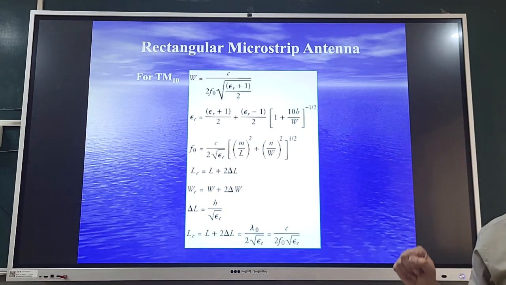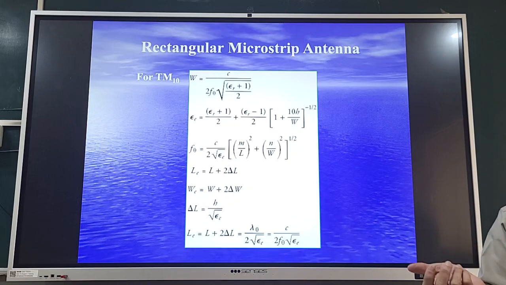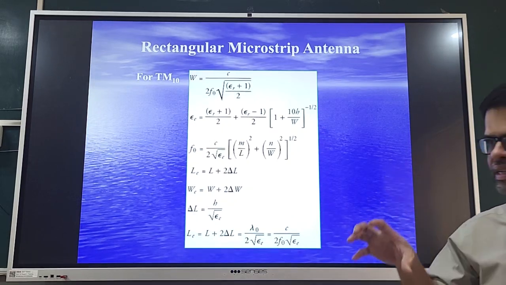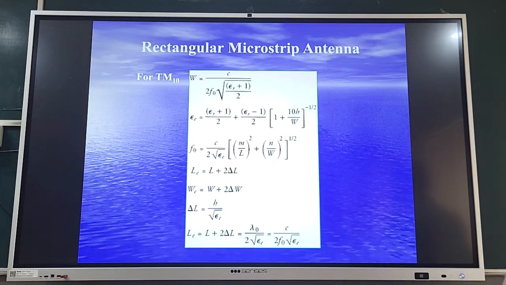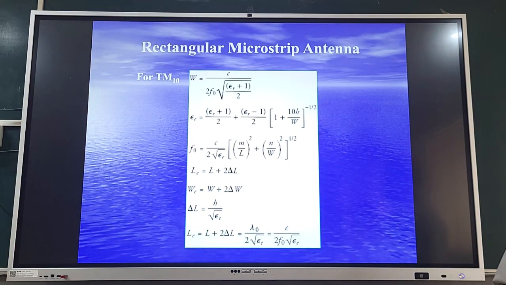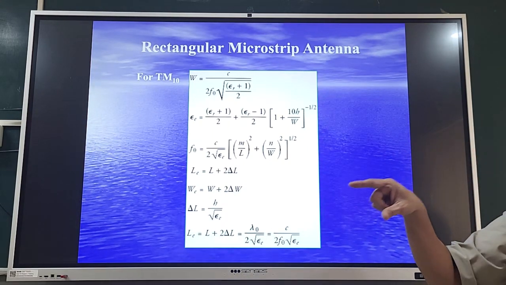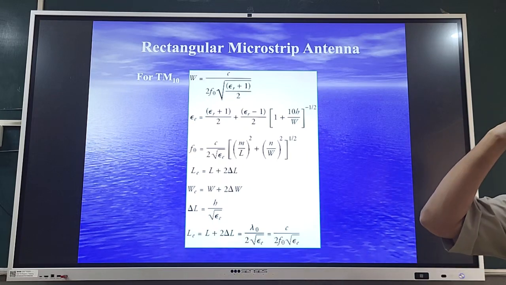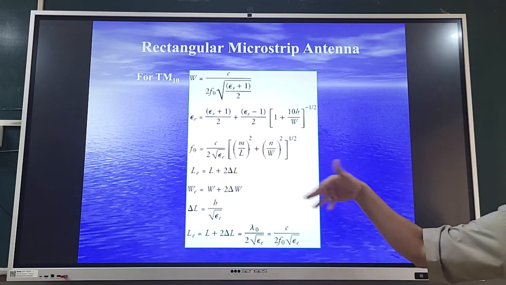L cross W. So if W is small, then naturally Ae will be smaller. Hence as a good practice, as a good designer, we take W as 1.2 times L. You can take 2L also, but there are prices which you pay. There are drawbacks of taking W too much larger than L. That I will explain in the next slide.